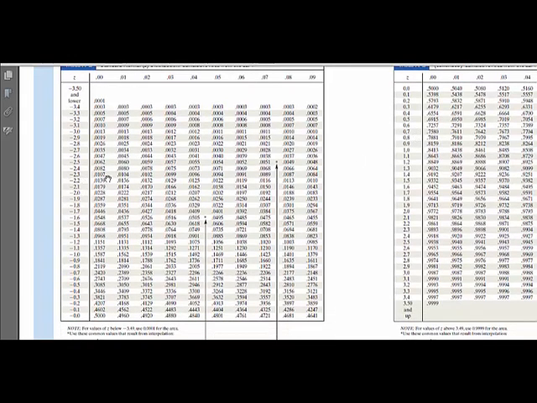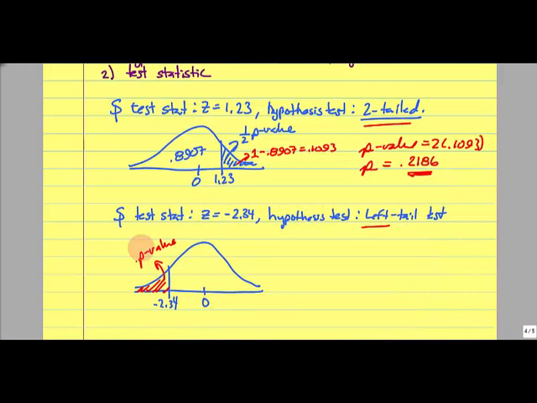So here's negative 2.34, it is 0.0096. Okay, so my p-value here is equal to 0.0096. And that's if I have a left tail test.